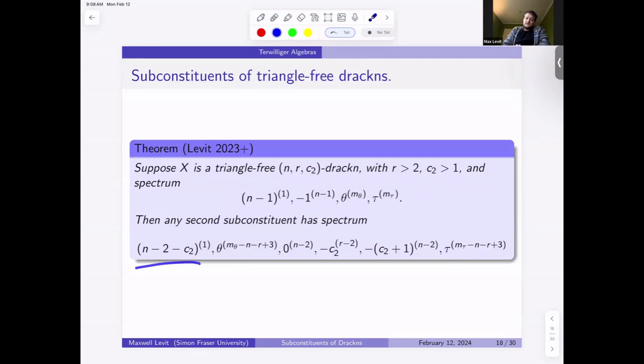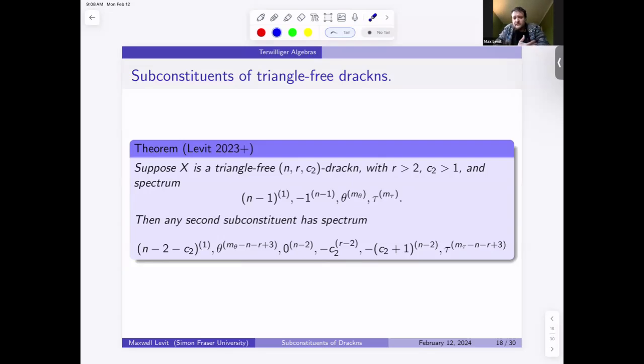And what it turns out is, you get some new valency, you get the eigenvalue you had before here, but the multiplicity drops a bit. Same thing with the other eigenvalue you had before. 0 shows up, this constant C2 shows up, and C2 minus 1 shows up. And the multiplicities are all determined as well, and all relatively nice to work out.